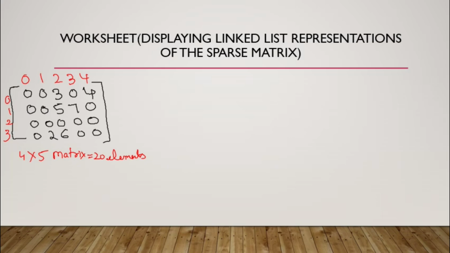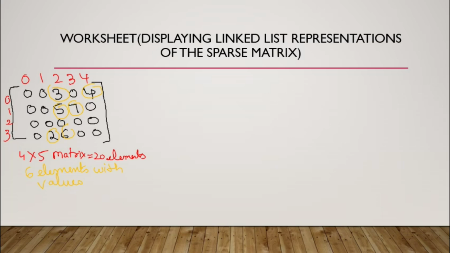And if you observe how many elements have values, 1, 2, 3, 4, 5, 6. Yes, so here we have 6 elements with values. So of course it is also a sparse matrix.